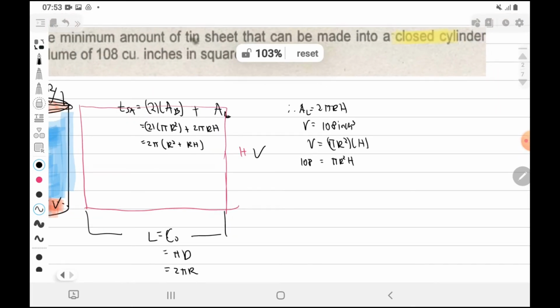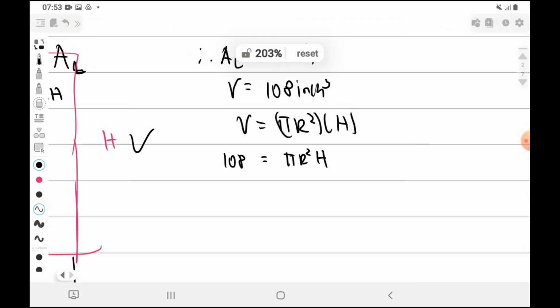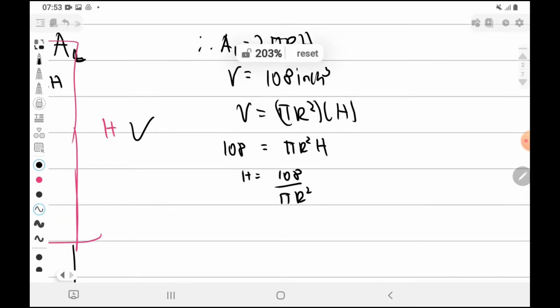So pansinin nyo, pag nag-substitute tayo ng r dito, pag h yung gagamitin natin, marami tayong substitute. Okay? So pag r naman, isa lang, sa h lang tayo mag-substitute. So yun na lang. So therefore h is equal to 108 all over our pi r squared.